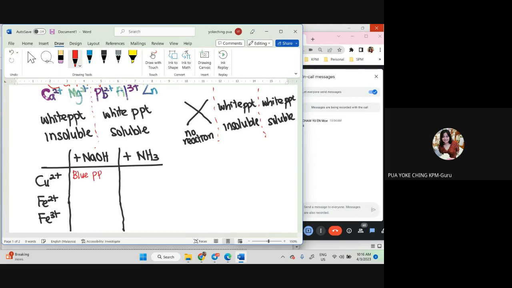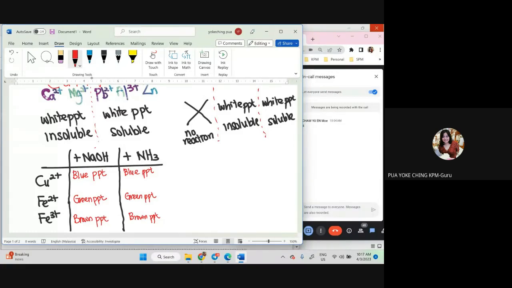So you get blue precipitate. This is green. So you got green precipitate. This is brown. This is brown precipitate. Sini pun sama. Blue precipitate. Green precipitate. And then this is brown precipitate. Perbezaan dia hanya pada soluble and insoluble.